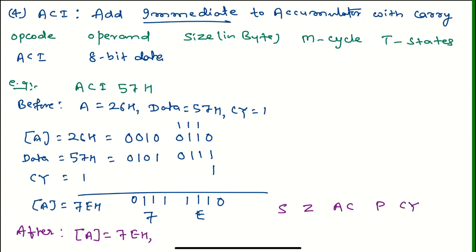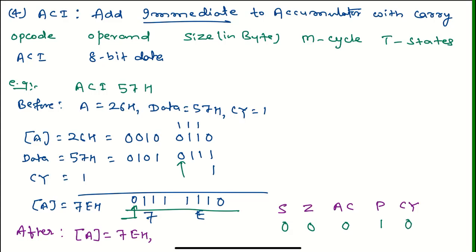So now if you see that this MSB is 0, so sign bit will be 0, result is non-zero, it means it is having 7EH, so this zero flag will be also 0 here, and no carry generated from this position, so that is the reason auxiliary carry also will be 0, and number of ones if you count it here, it is 6 in this result, so that is the reason this parity bit will be 1, it will perform here as an even parity, and there is no carry generated from this last stage, it means from the 8th position, so that is the reason this carry flag will be also 0 here.